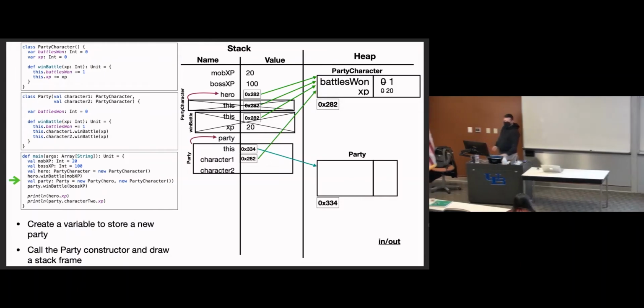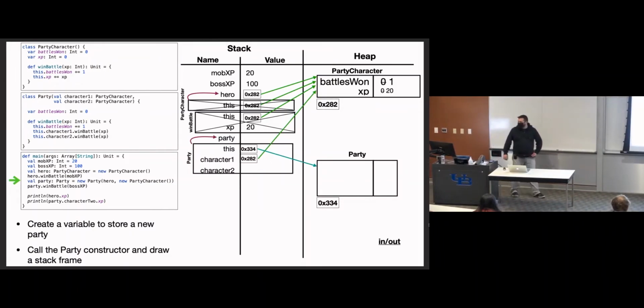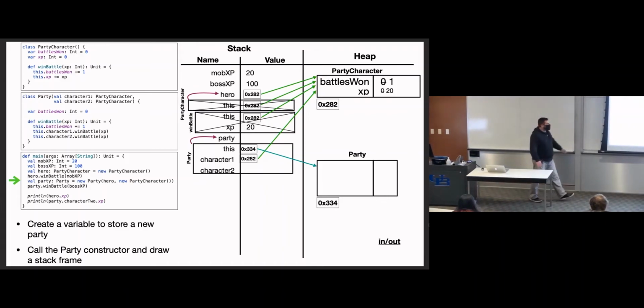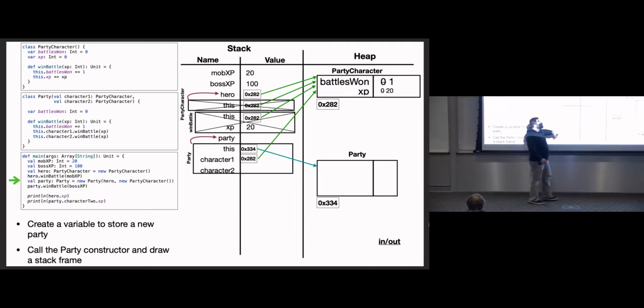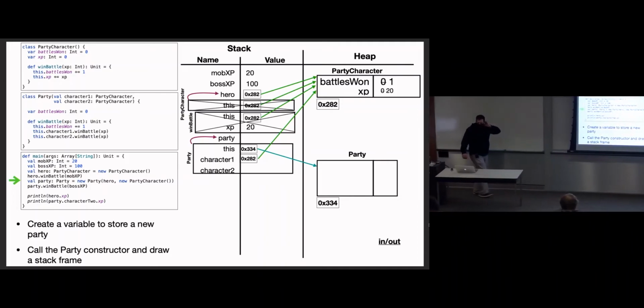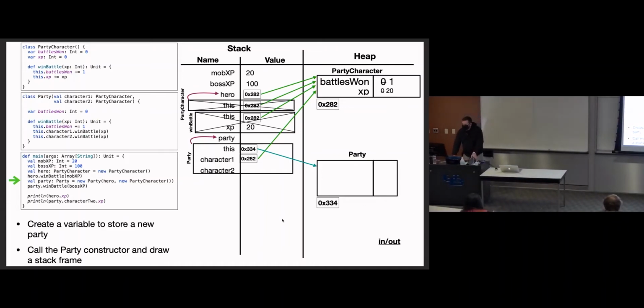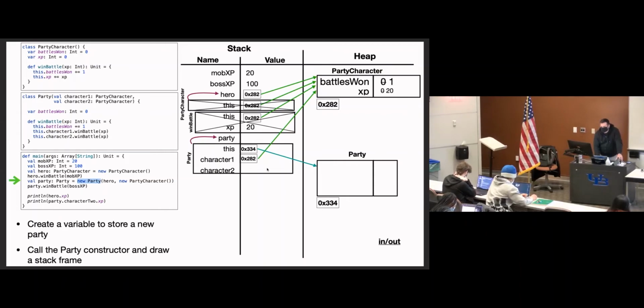All right, let's get to this big line. We got a lot of moving parts on this line. We're going to call the party constructor and have it return into a variable named party. That much we've seen. We just saw that in the party character class, that constructor. But we're going to create a new party class that's going to invoke the constructor. That's a stack frame.